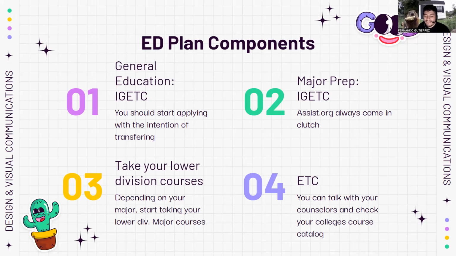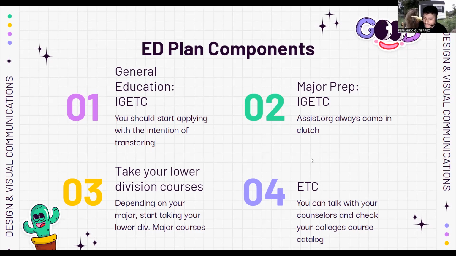Because for me, when I took my lower division courses, I thought it was hard. The history class had a lot of writing and reading for mine, depending on the professor too. And also keep in touch with your counselor, and with your campus, depending on which community college you're attending, check your course catalog as well.